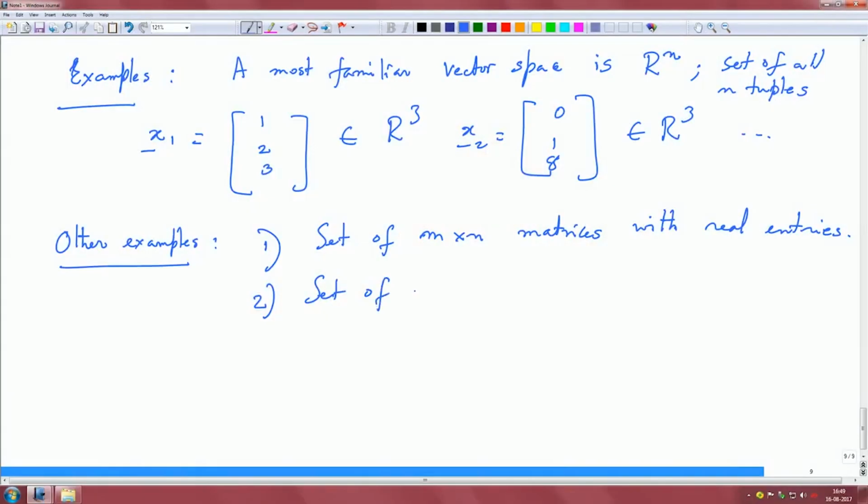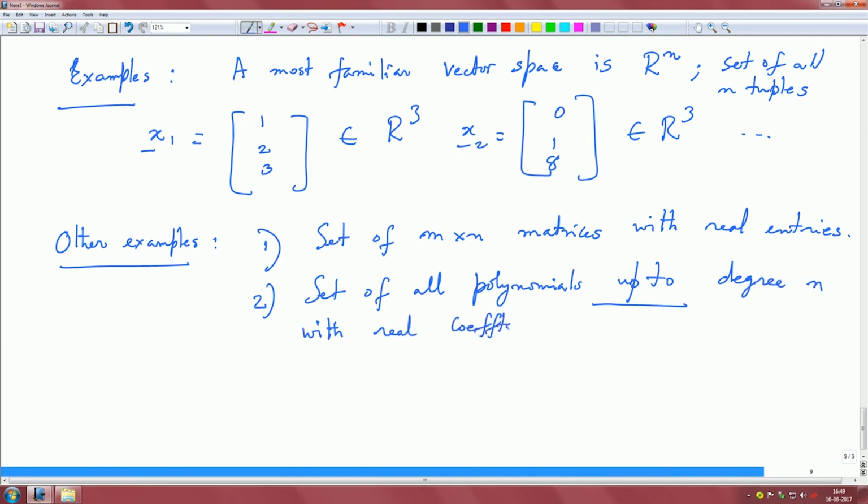Then is a set of all polynomials, this is very important, up to degree n with real coefficients. So the set of all polynomials up to degree n with real coefficients, this also forms a vector space, right.